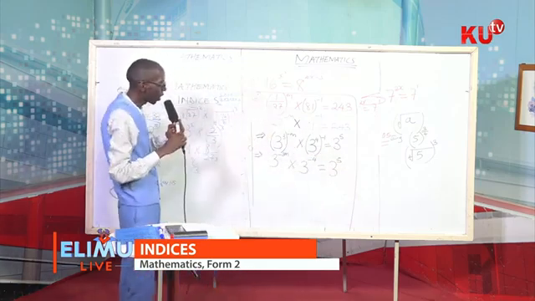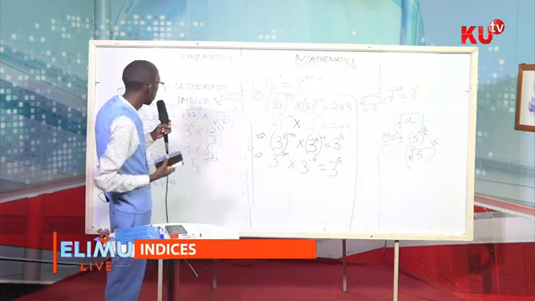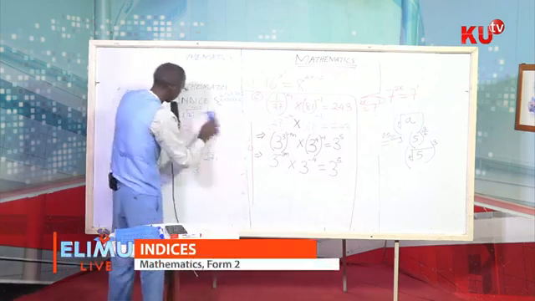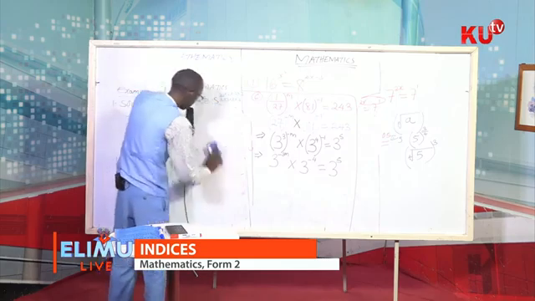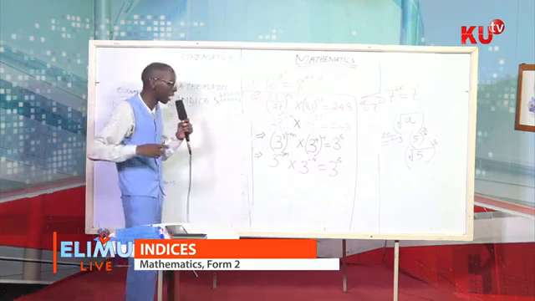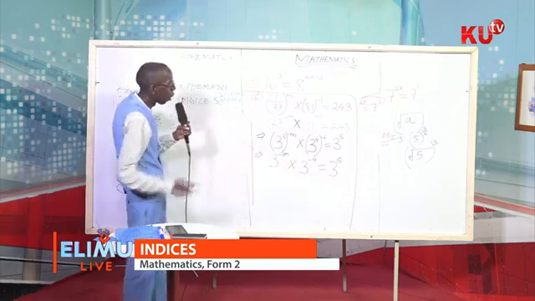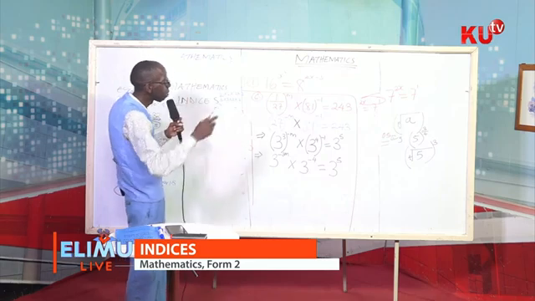My dear students, all the bases are the same. If the bases are the same and we have a multiplication sign, we add the powers. Drop the bases and add the powers.